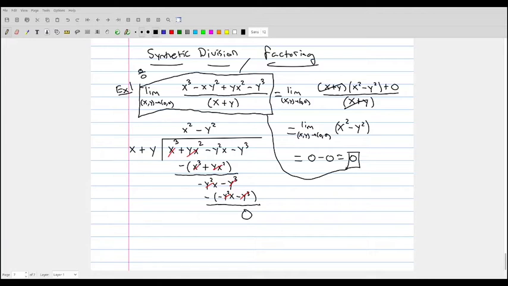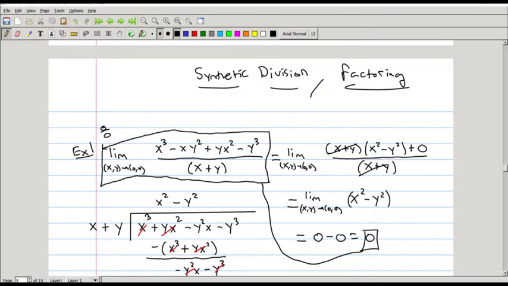And I just realized that this example that I just did, I keep saying synthetic division. This is actually an example of what's called polynomial long division. Synthetic division is a more simplified method of long division, but I typically like showing the long division because it takes less time to explain what exactly I'm doing.